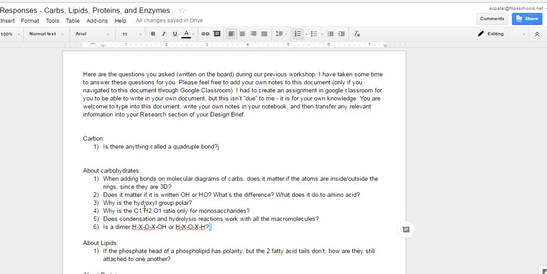So why is the C1H2O1 ratio only for monosaccharides? All right, let me go back to my screen here. So when we're talking about, let's say we're taking two glucose molecules, C6H12O6 plus another C6H12O6.